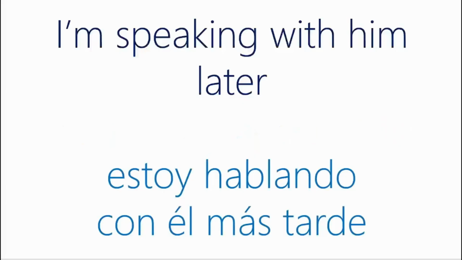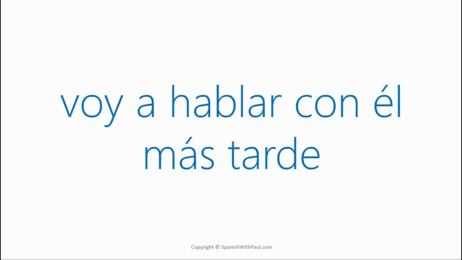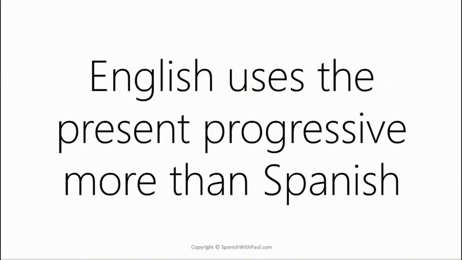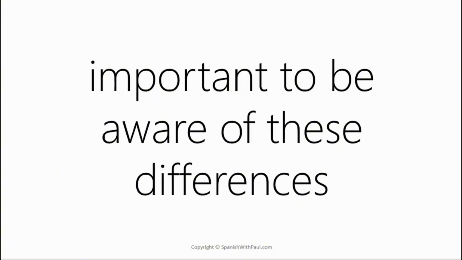Equally, if you said, estoy hablando con él más tarde, so I'm speaking with him later, this would be a mistake. Instead, it would be, voy a hablar con él más tarde. Now, as a general rule, English tends to use the present progressive more than Spanish. And it's important to be aware of the differences between how the two languages will use it. What I've given you here is just the first difference. There are others, but we'll cover them later on in the course.